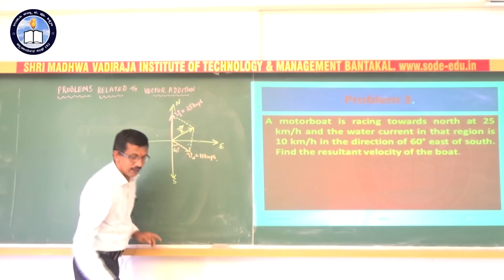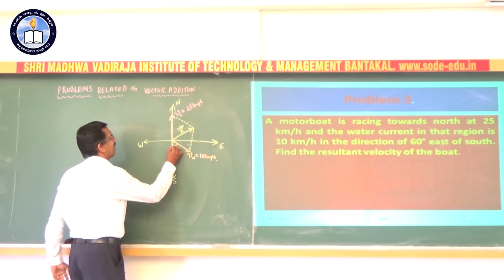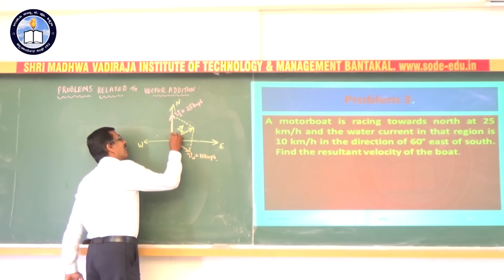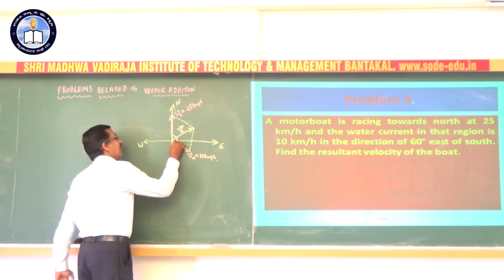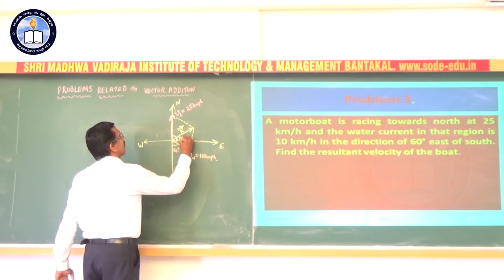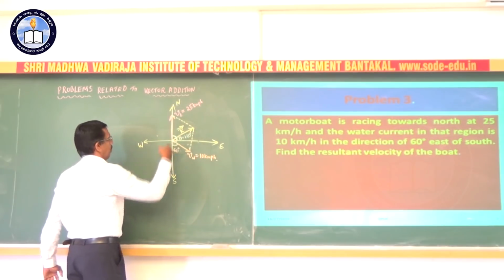See here carefully, as they have given, this angle is 60 degree. The angle between the vectors, that I will denote as theta, works out to be 120 degree, because total is 180 degree.